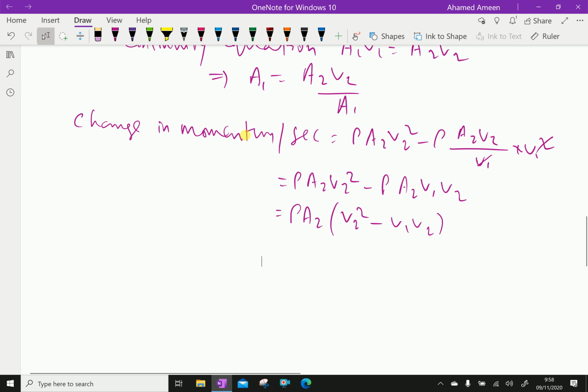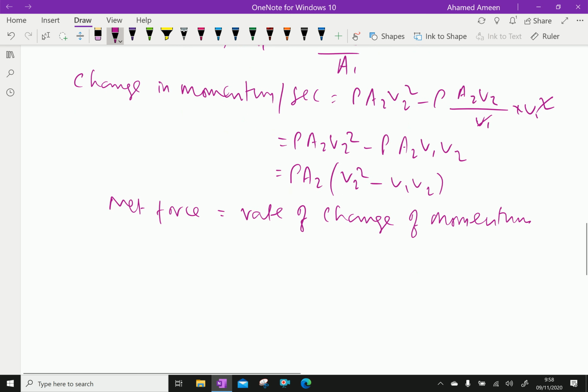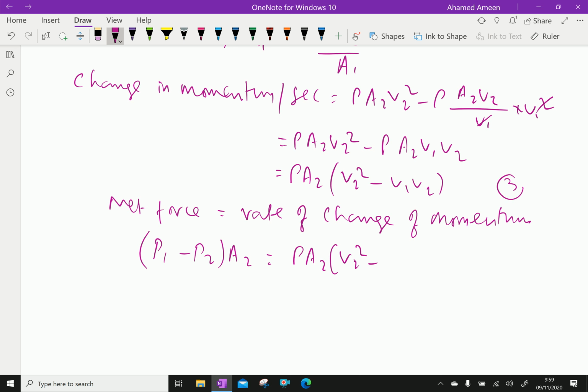Therefore, we can write (P1 minus P2) A2 equals rho A2 times (V2 squared minus V1 V2). Let it be equation 3.